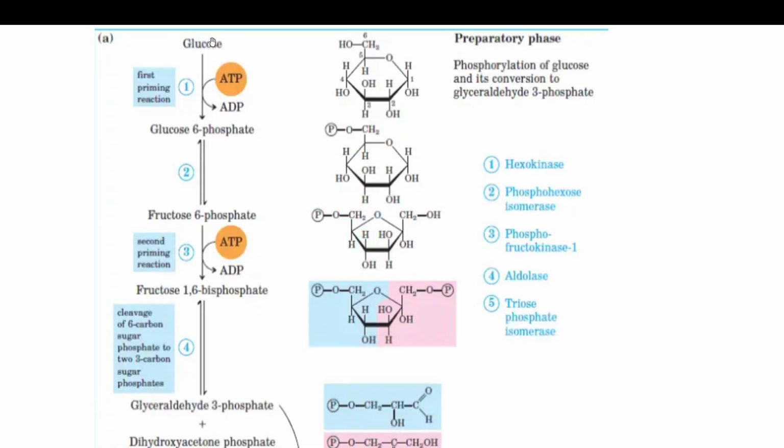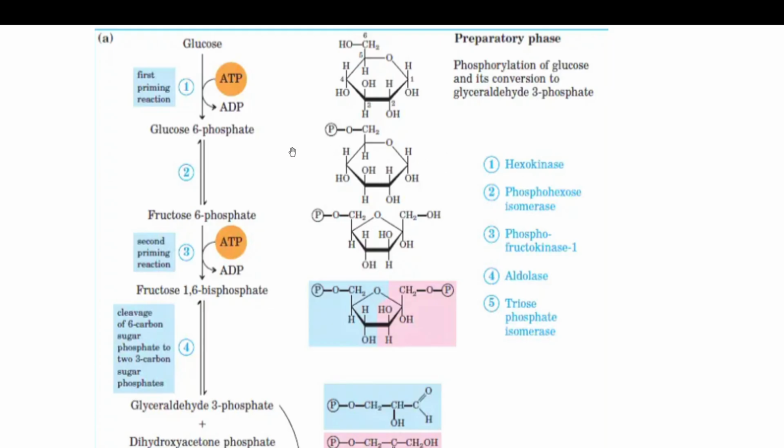So what is happening here? You have a 6 carbon glucose molecule. One ATP is used to incorporate a phosphate molecule to form glucose 6 phosphate. And this conversion is catalyzed by hexokinase.